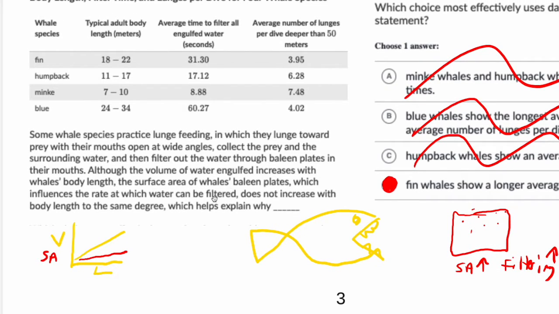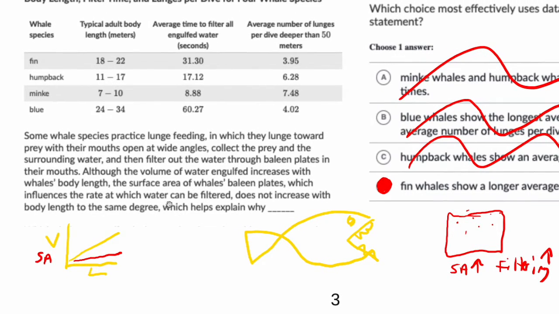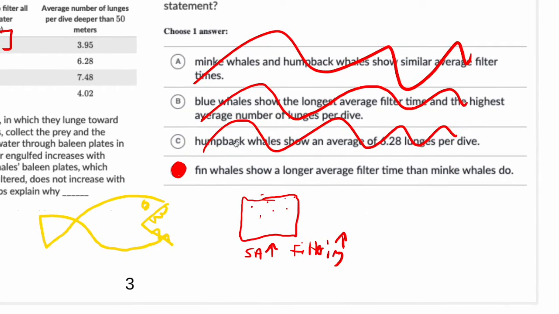The surface area doesn't increase with body length, and so that does suggest that the longer whales are going to take longer to filter the water, because they're engulfing a large volume of water, but they don't have, relatively speaking, as much surface area with which to filter that out. So it would make sense that a longer whale is going to take longer to filter things. And so D will be our correct answer there.